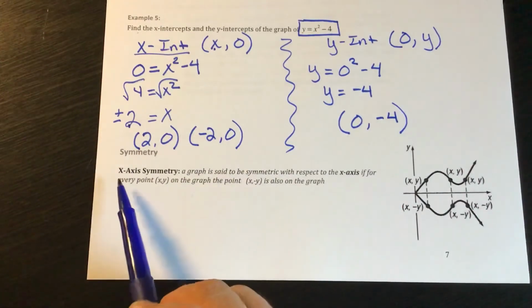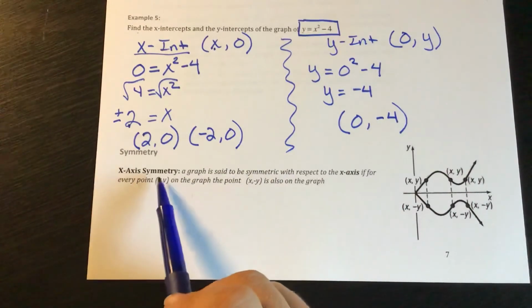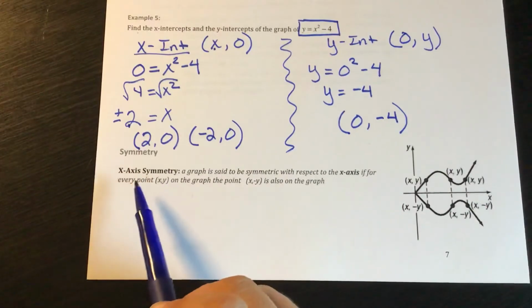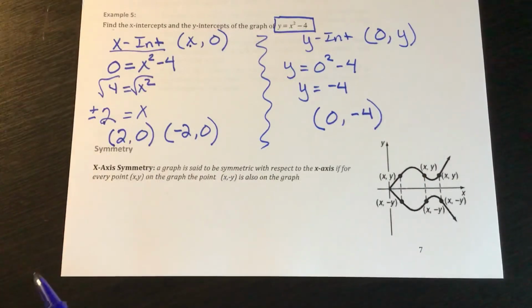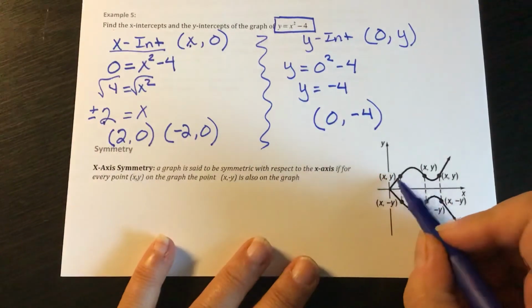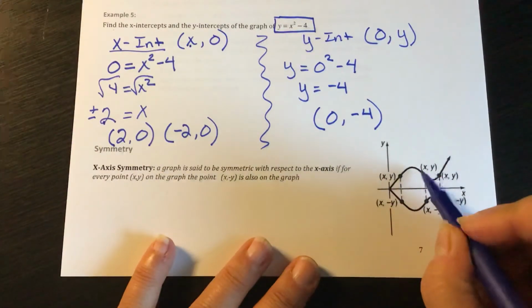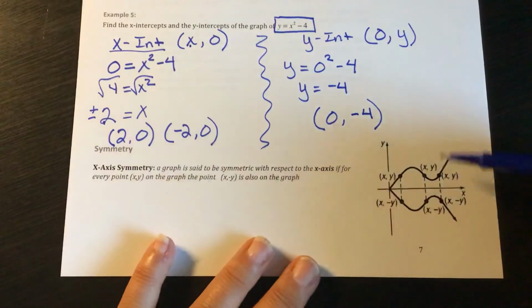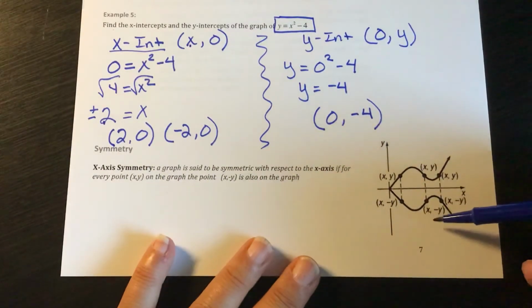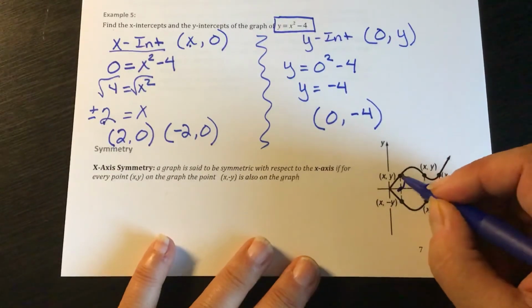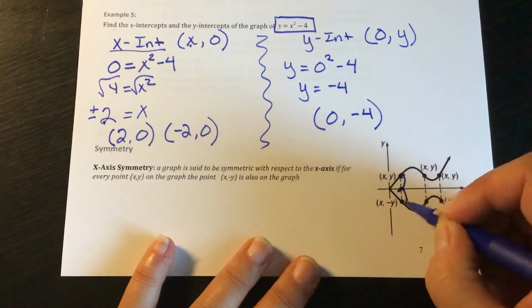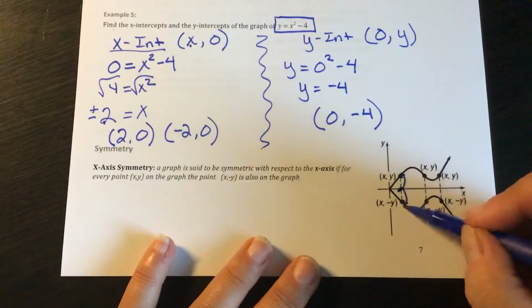So if I want to see if a graph is symmetric about the x-axis, let's say this is our original graph, and if it's flipped over the x-axis, the distance from the x-axis to one point is going to be the same as the distance from the x-axis to the reflected point.